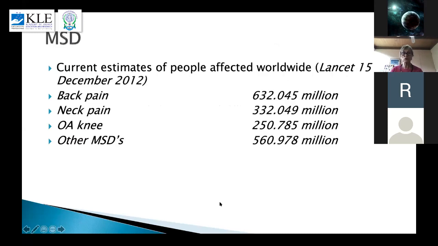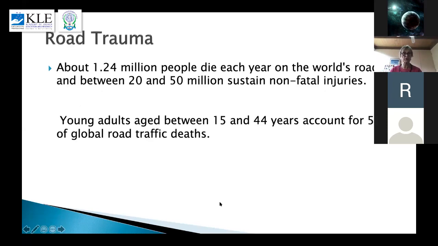And if you look at the current estimates of people, and this was 2012, so it's not as current, but look at the numbers. That is an enormous number worldwide affected by back pain, neck pain, OA, and other musculoskeletal disorders. These are huge, and yet we know that there are good interventions that we can put in place.